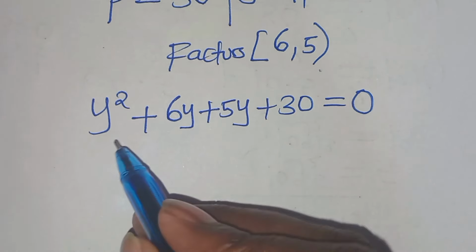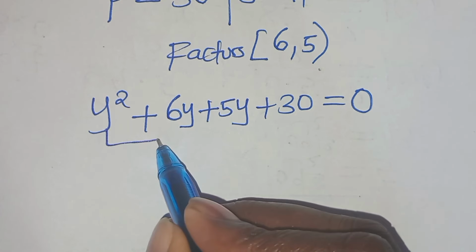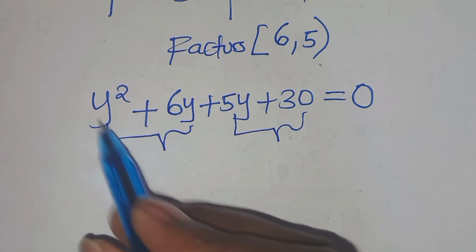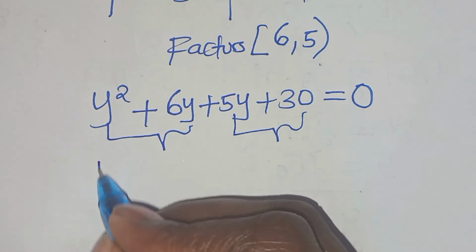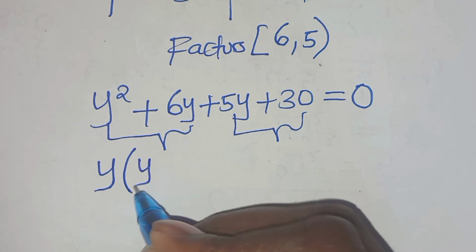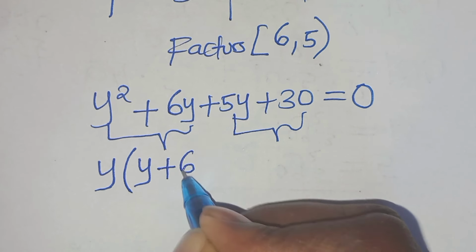This implies that we can factor, this is the first part and this is the second part. From the first part, y is common, so we can factor out y, and in the parentheses we have y plus 6.